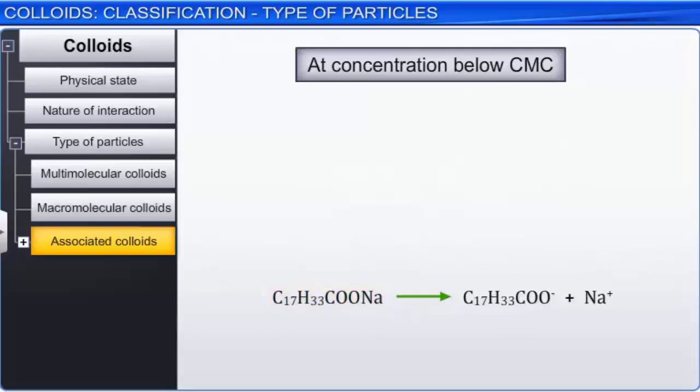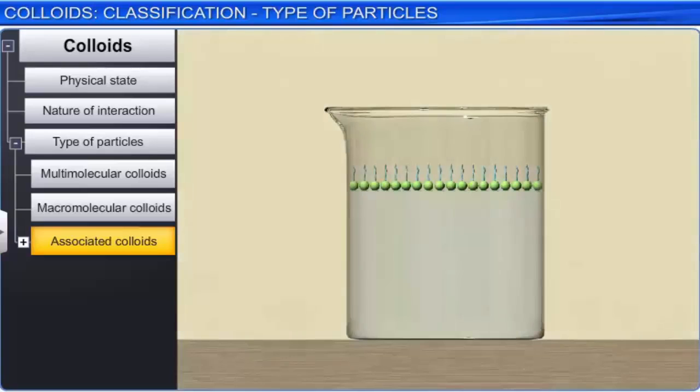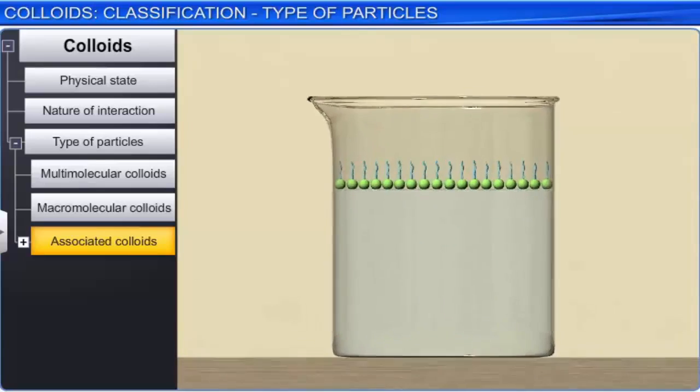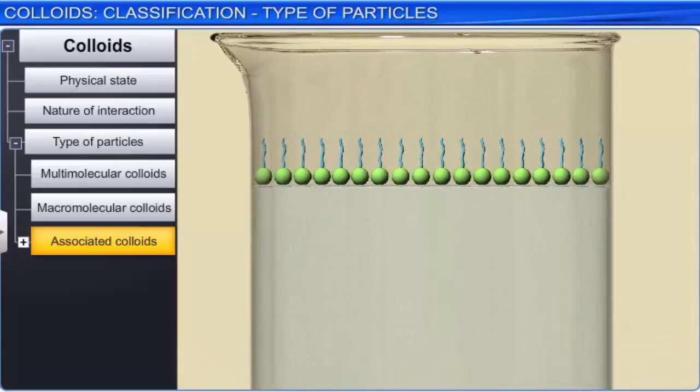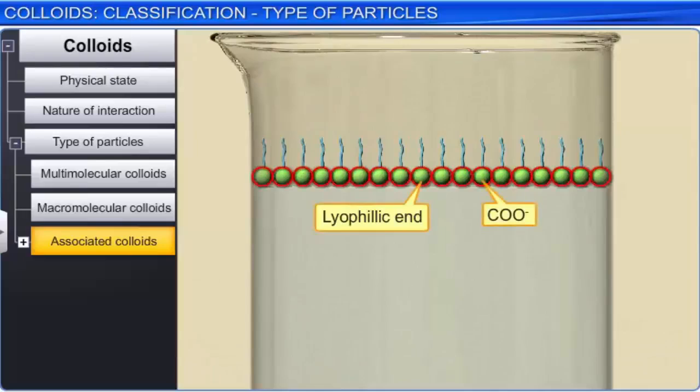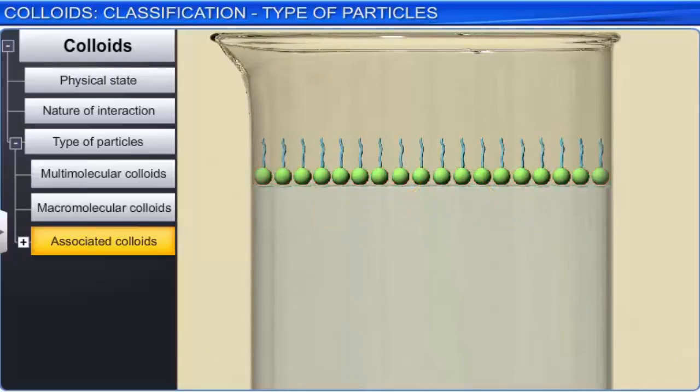These stearate ions remain on the surface of water and orient themselves in such a way that the lyophilic end, the COO-, dips in water, while the lyophobic part, the C17H35 part, stays away from it. At the critical micelle concentration, the polar COO- part is pulled into the bulk of the solution.